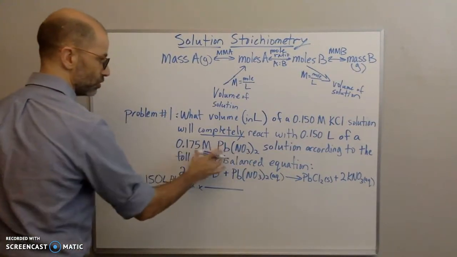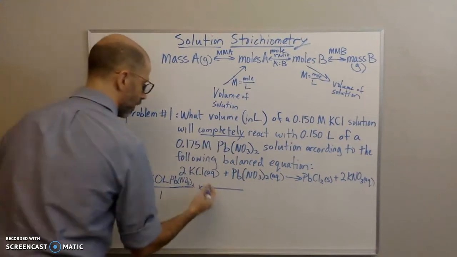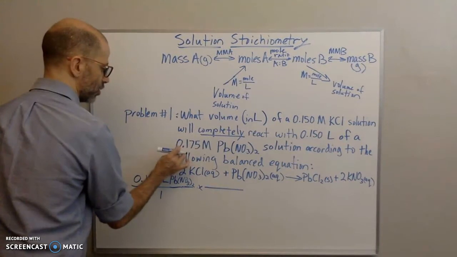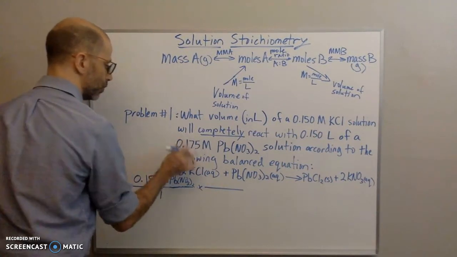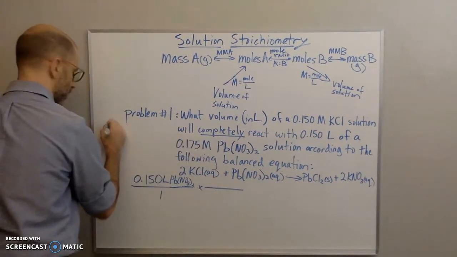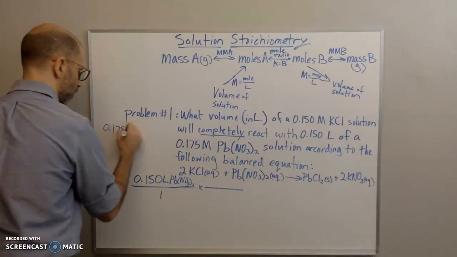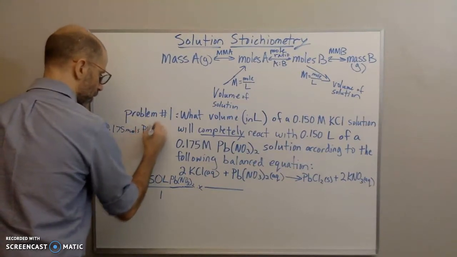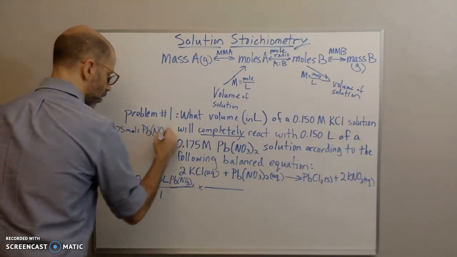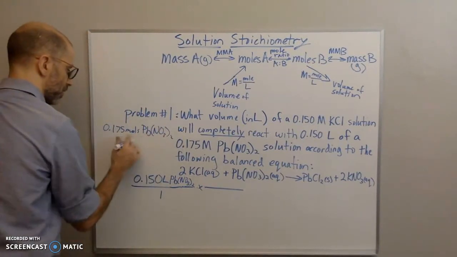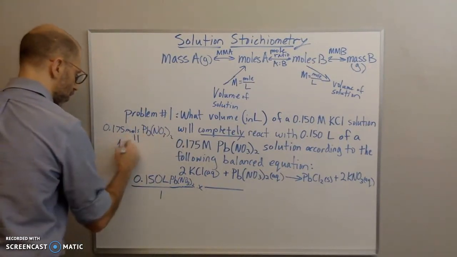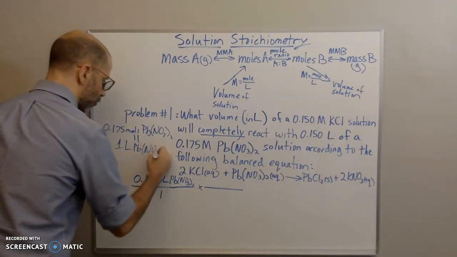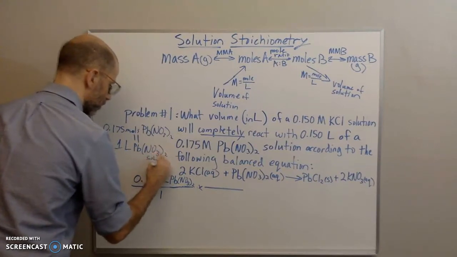We need to use the molarity of the lead II nitrate. This is read as 0.175 moles per liter. So we translate that into 0.175 moles of the Pb(NO3)2, the lead II nitrate, which is equal to 1 liter of the Pb(NO3)2 solution.